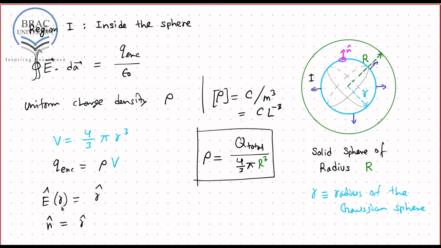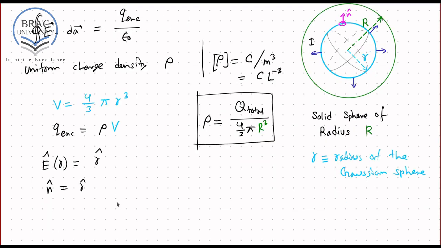The electric field and the area element dA point along the same direction, and this results in E dot dA equals E r hat dot r hat dA, so you have E dA, and there is no more dot product here. So now this equation is easier to integrate.